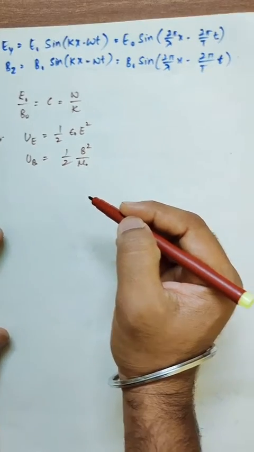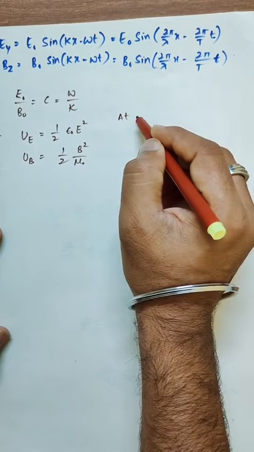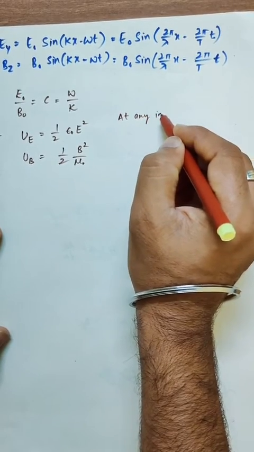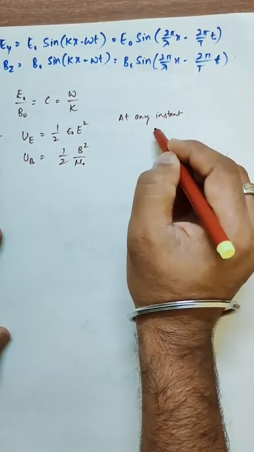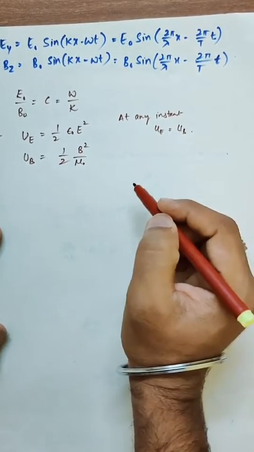Now suppose at any instant U E is equal to U B, then what happens?